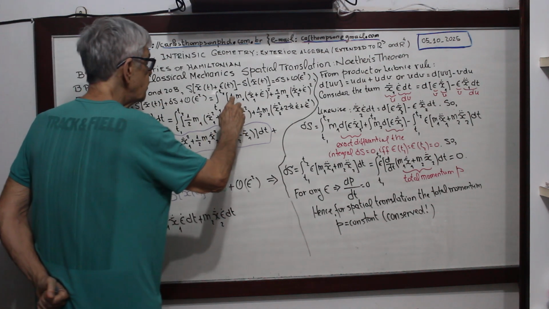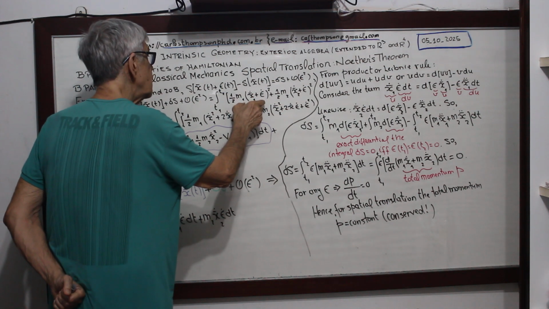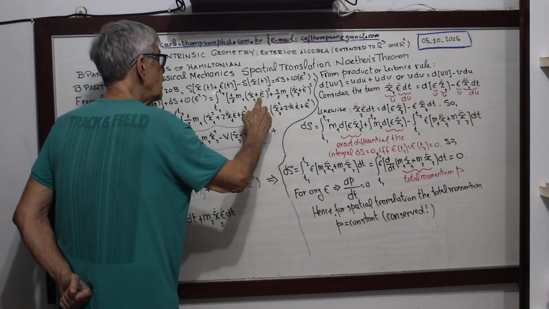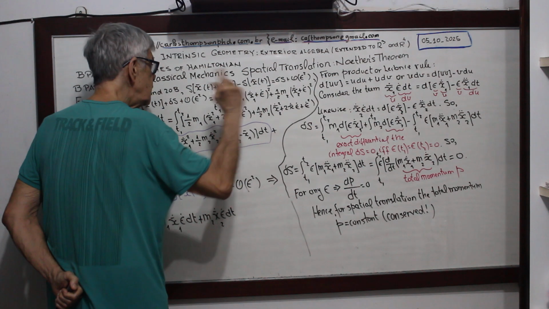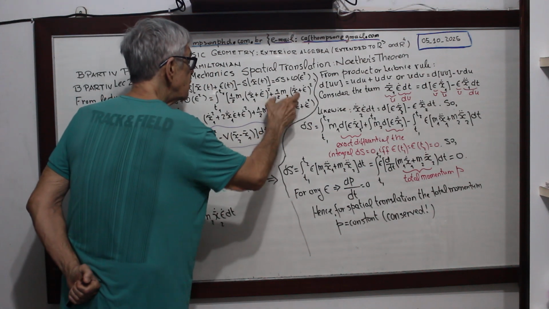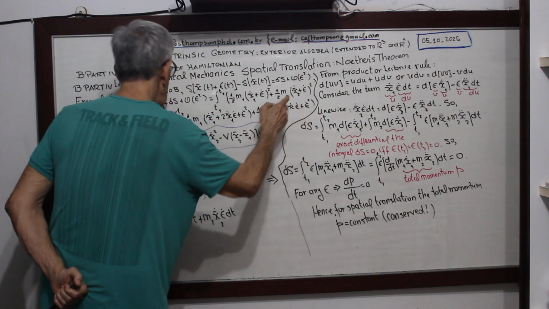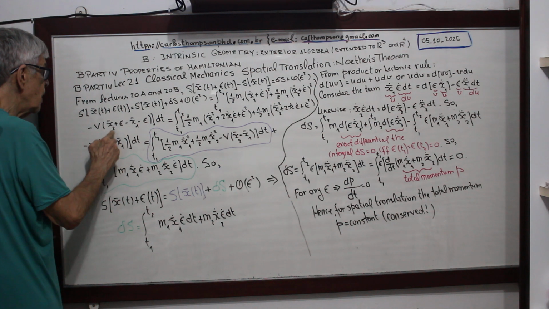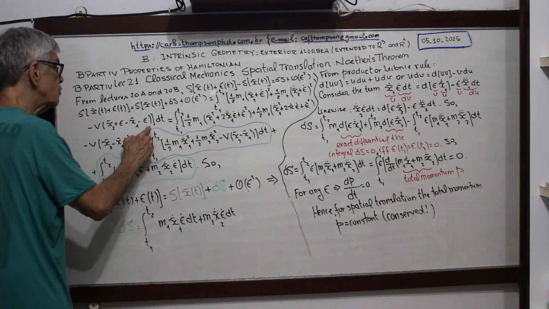So this is 1/2, the kinetic energy, okay? The ẋ1 plus this little increment, plus the kinetic energy of mass 1 and mass 2. Now minus the potential energy, you see? x2 plus ε minus x1 minus ε.